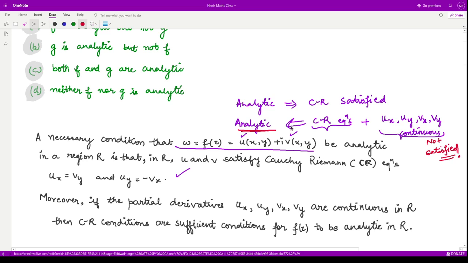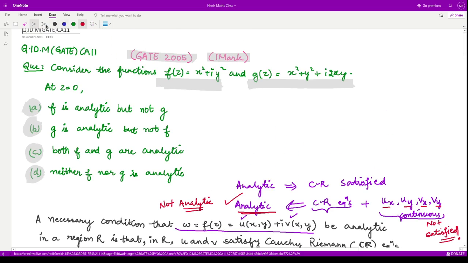So we can take the negation of this result to say that if any of the CR conditions is not satisfied, or any of these partial derivatives is not continuous, then the corresponding function is not analytic. So let us see what happens for the given function.